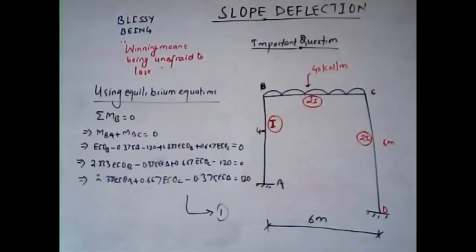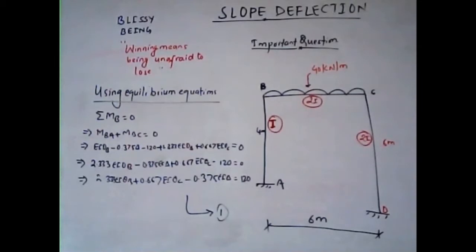Now friends, we need to apply the joint equilibrium equations. So at joint B, the summation of moment at joint B equals 0. So at joint B, we have moment along BA plus moment along BC equals 0.